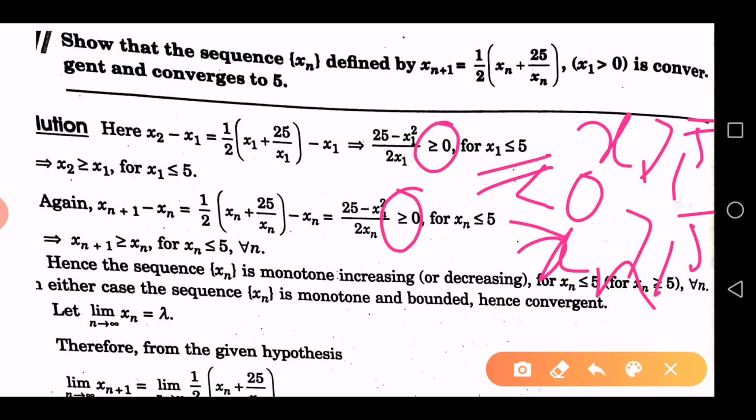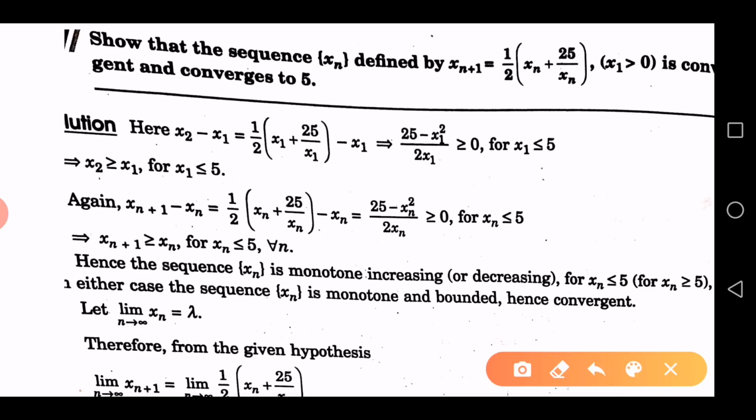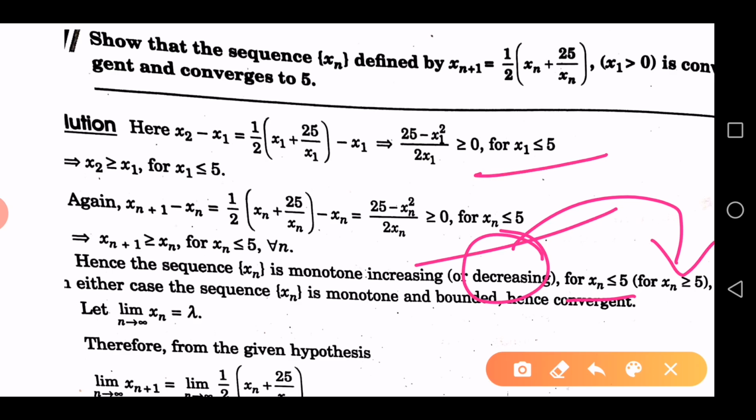So combining these two cases, we can say the sequence is either monotone increasing for x_n less than or equal to 5, and the same sequence is monotone decreasing for x_n greater than or equal to 5. So in either case the sequence is monotone and it is already bounded. Therefore, the sequence is both monotone and bounded, and thereby it is convergent.